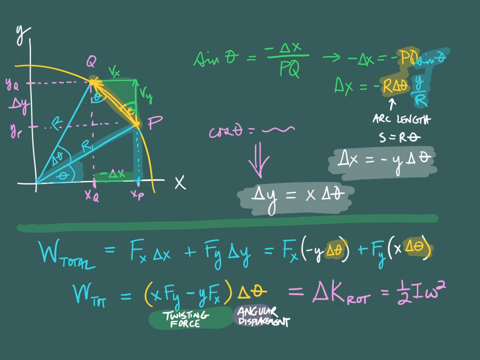So we have a new kid in town. This half I omega squared thing is in equivalence relation with this weird twisting force xfy minus yfx d theta thing.